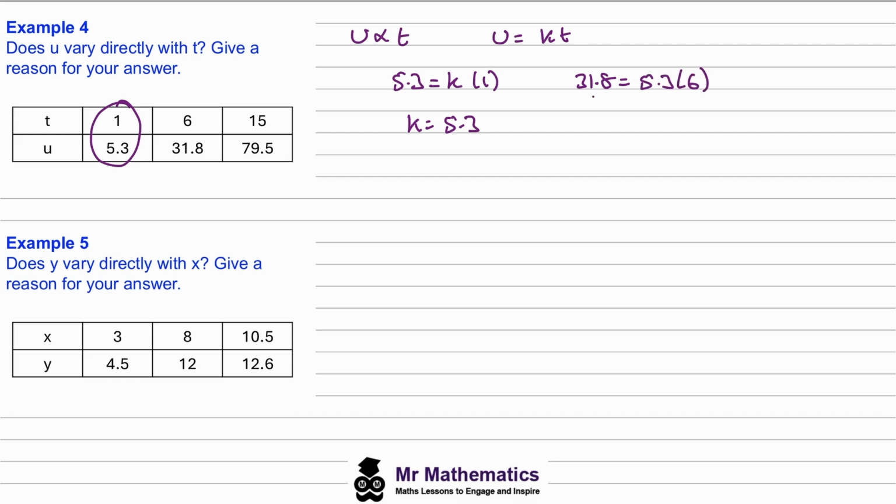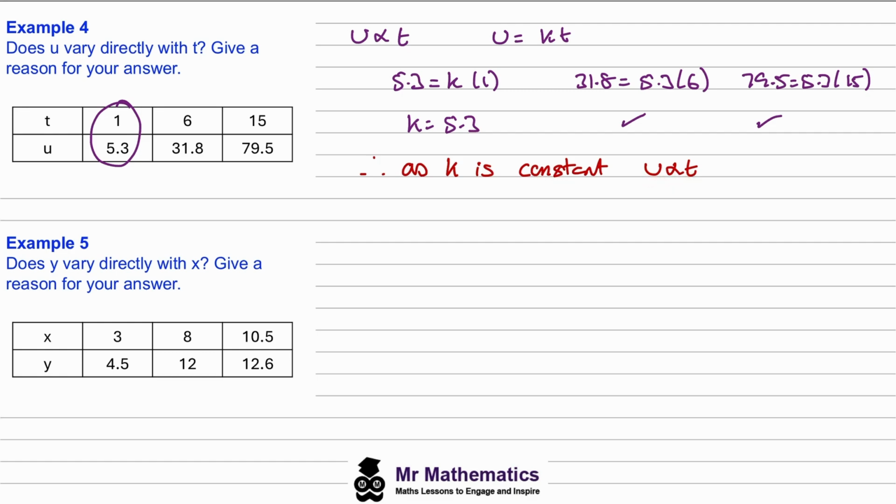And 31.8 does equal 6 times 5.3. And for our final pair, does 75.9 equal 5.3 lots of 15? And yes, it does. So we can say, therefore, as K is constant, U is directly proportional to T.